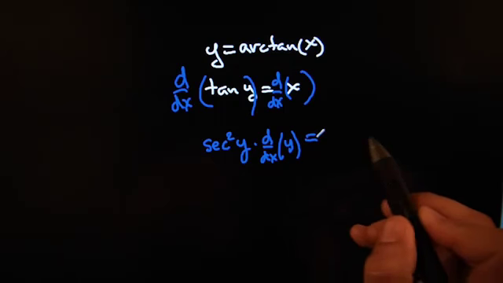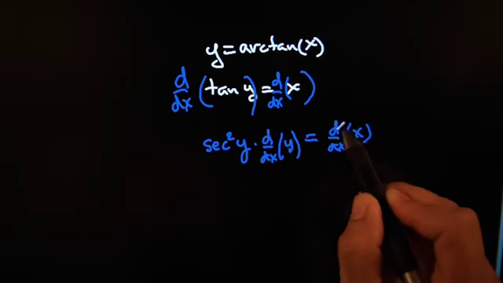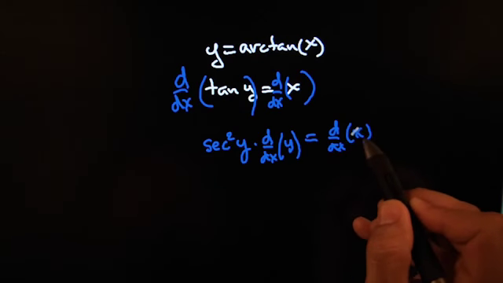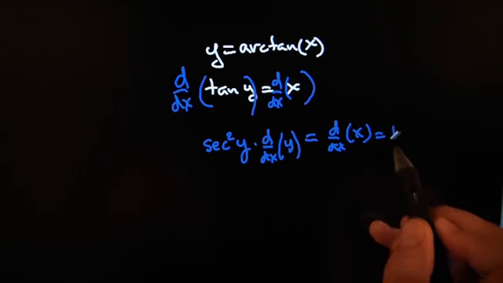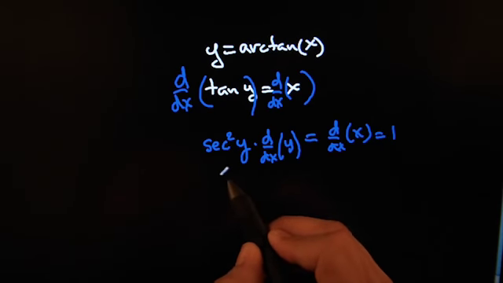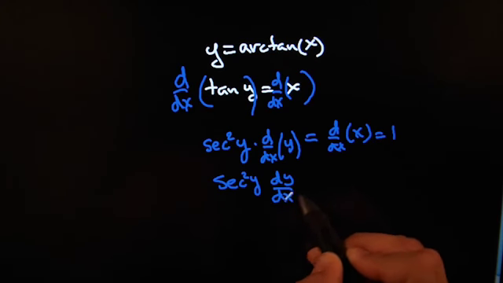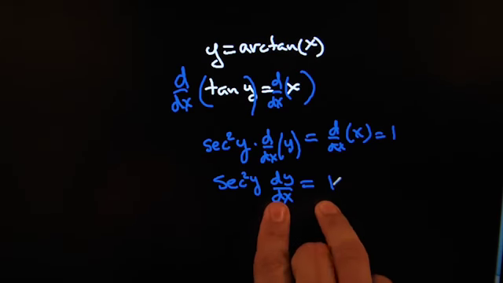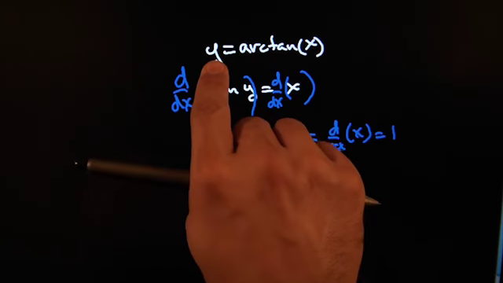And that's equal to d/dx of x. Well, that's pretty easy. The derivative of x with respect to x, there's no stuff there. All there is is x. So that piece is equal to 1. So wait a minute. Secant squared of y times dy/dx is equal to 1. This is starting to look really good, because dy/dx is exactly what I was after.